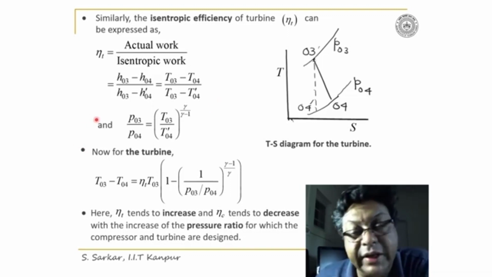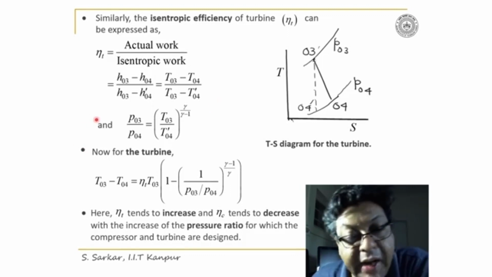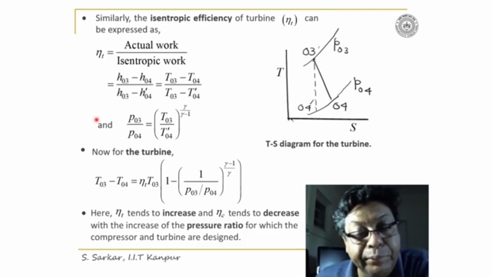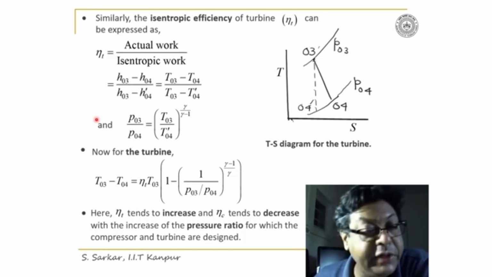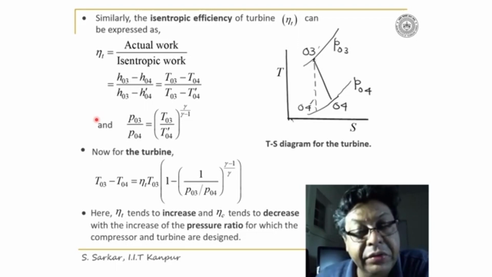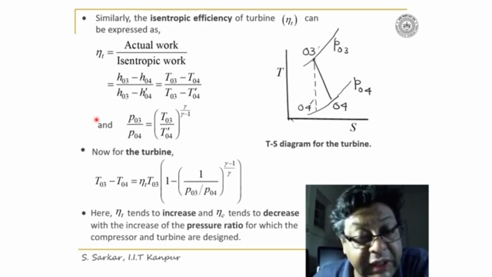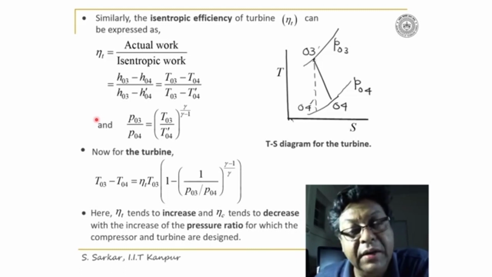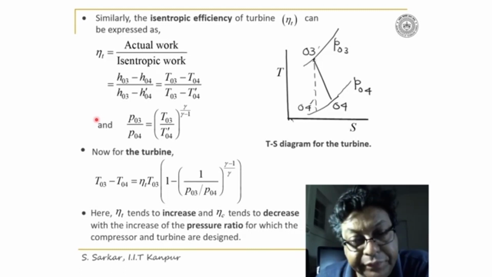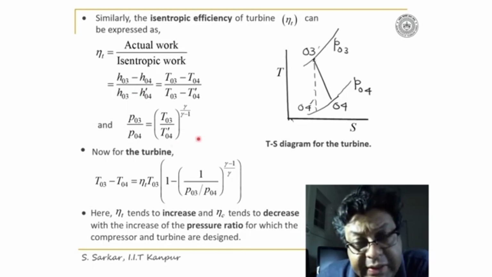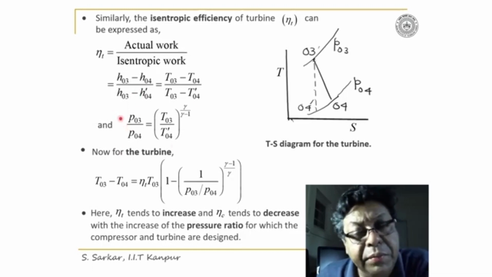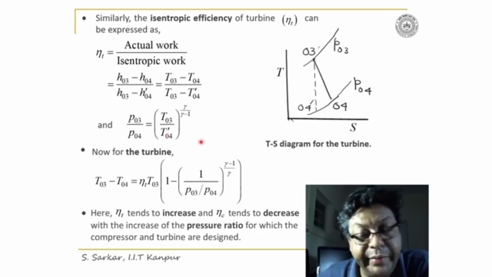Further, using the isentropic relation, I can write P03 divided by P04 is equal to T03 divided by T04 dash to the power gamma by gamma minus 1. So this tells you the pressure ratio, P03 by P04 is equal to T03 by T04 dash to the power gamma by gamma minus 1.